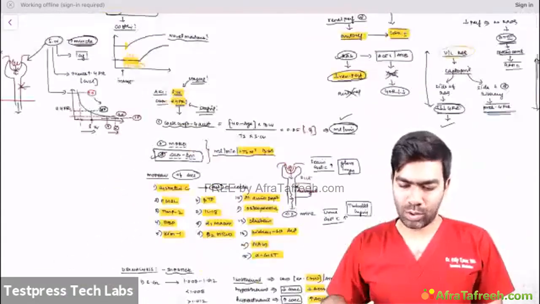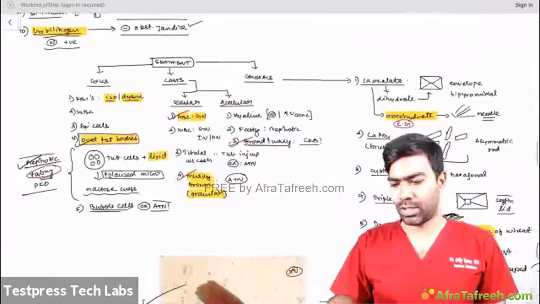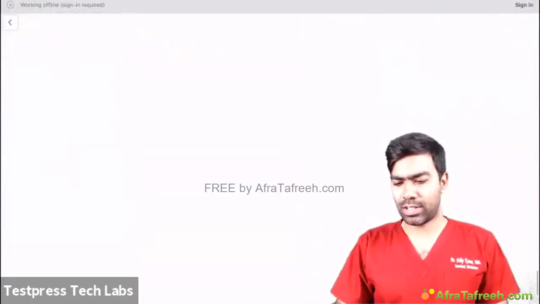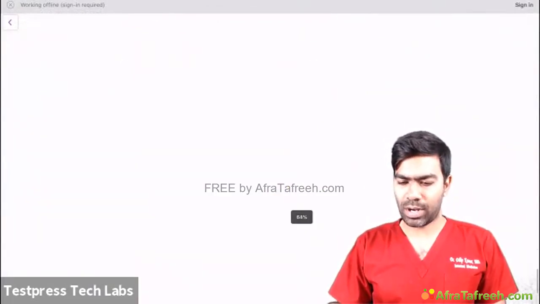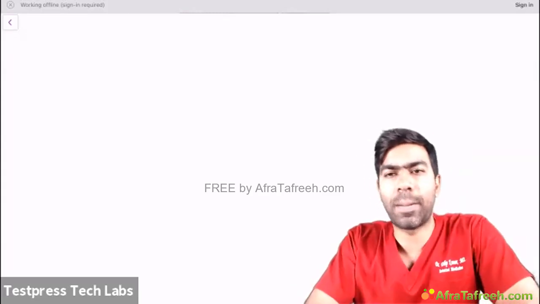Yes, urine analysis over. Even our renal scans are also over. Only one final point with regard to the diagnostic aspect of nephrology: what is the normal ultrasound size of the kidney below which you will tell it is abnormal?